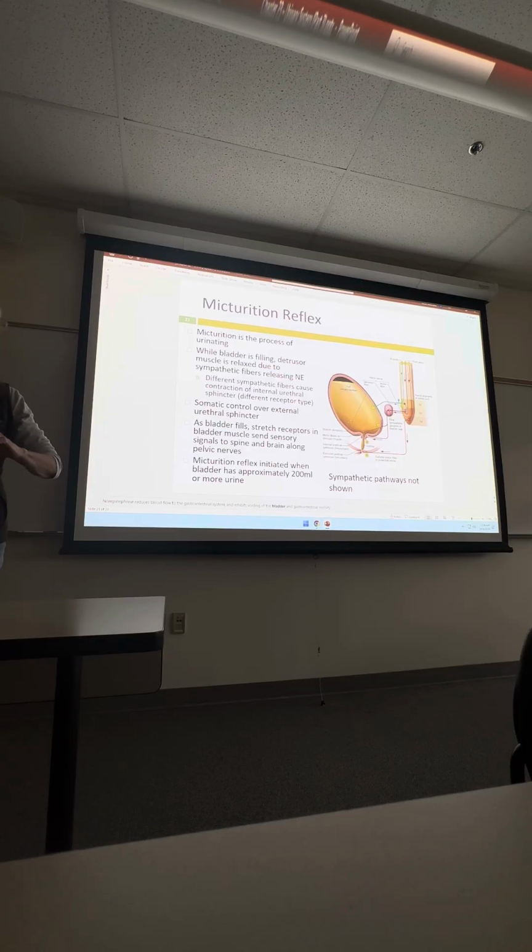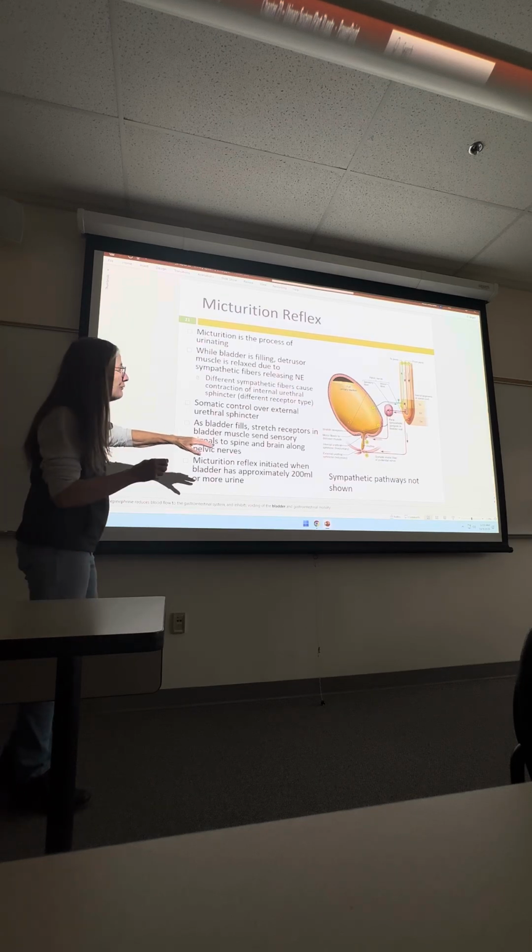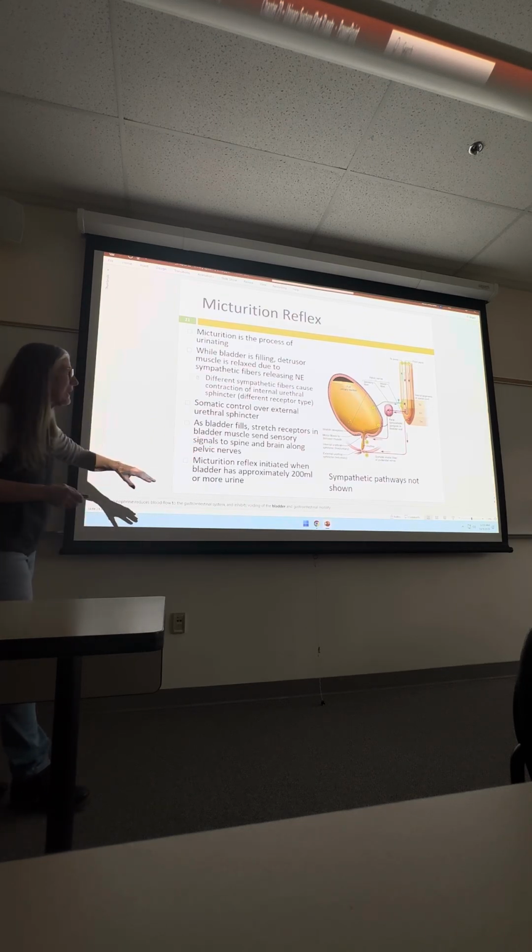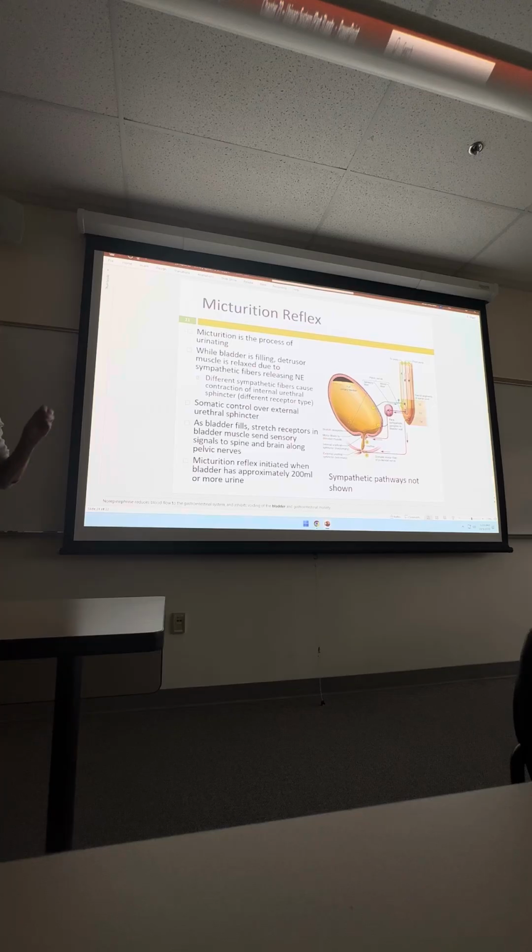So we can override this system just like we could override it from our rectum. We didn't have to go defecate right off the bat, necessarily, unless it was diarrhea. But in the bladder, you can really fill your bladder right up and hold it for a while. Ultimately, however, the parasympathetic system is going to win out. It's going to drive the emptying of that bladder because you can't hold it forever.